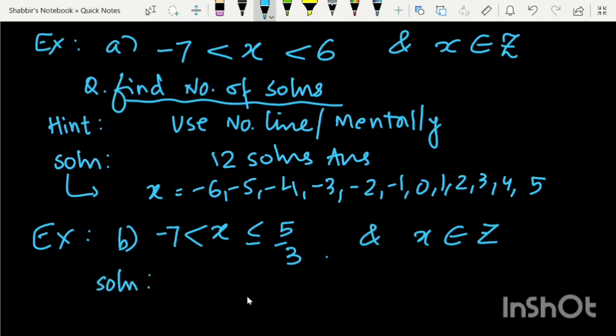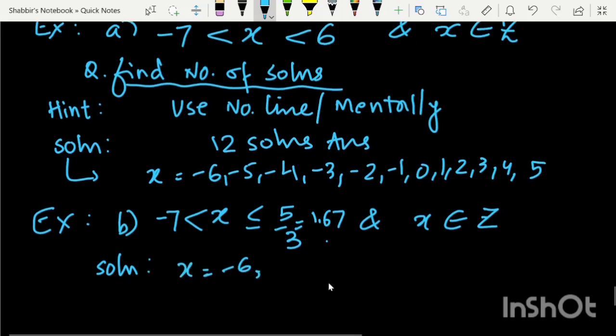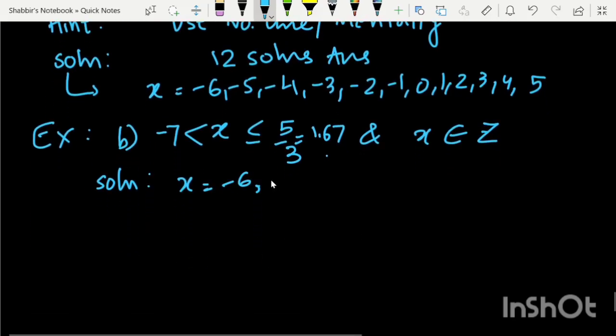So the answer to this question, since it is 5 by 3, which is 1.67, would be 8. Why? Because x equals -6 will satisfy, -5 till -1, 0 and 1.